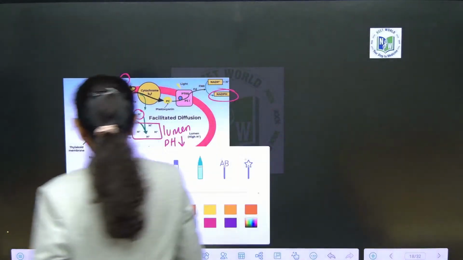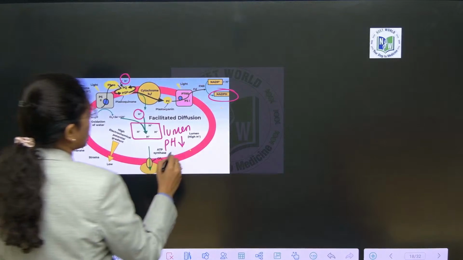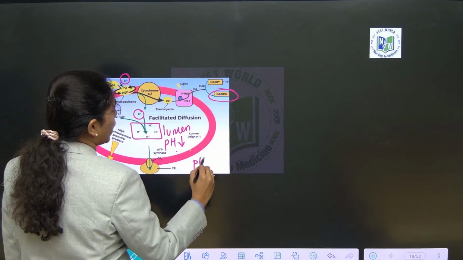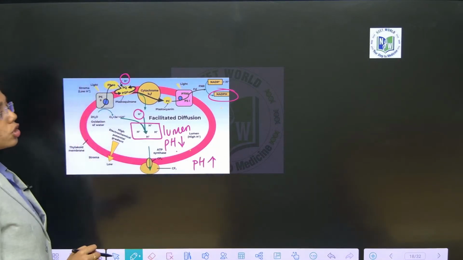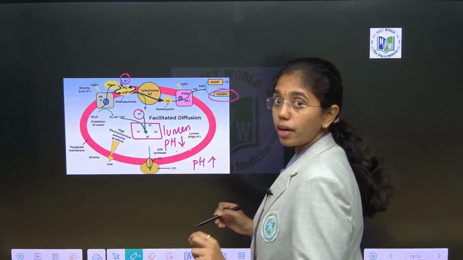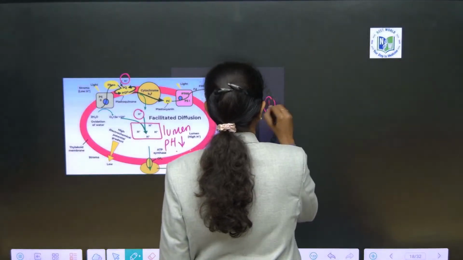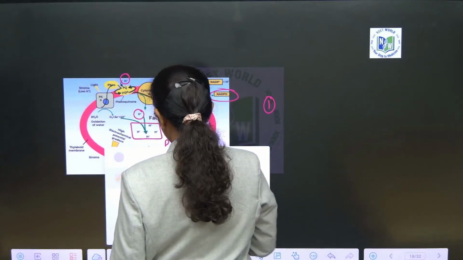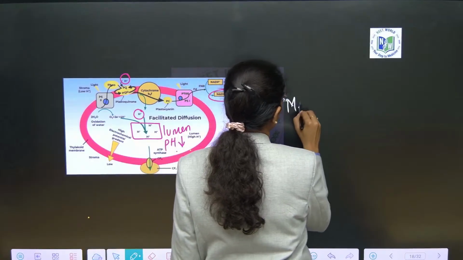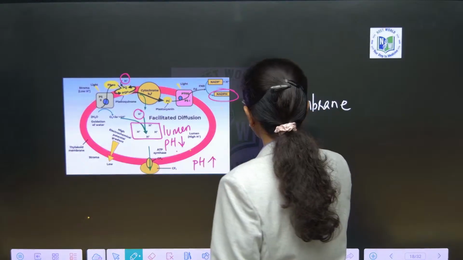So, here you see the main reasons, where pH is reduced inside the lumen and pH is increased inside the stroma. And 4 requirements are there for chemiosmotic hypothesis to operate. First is membrane, that is thylakoid membrane, right.